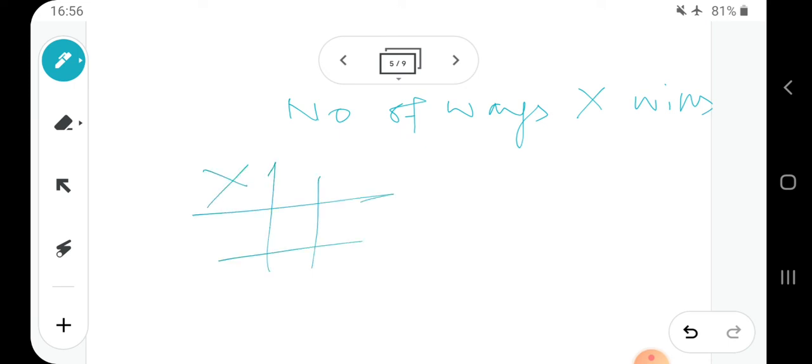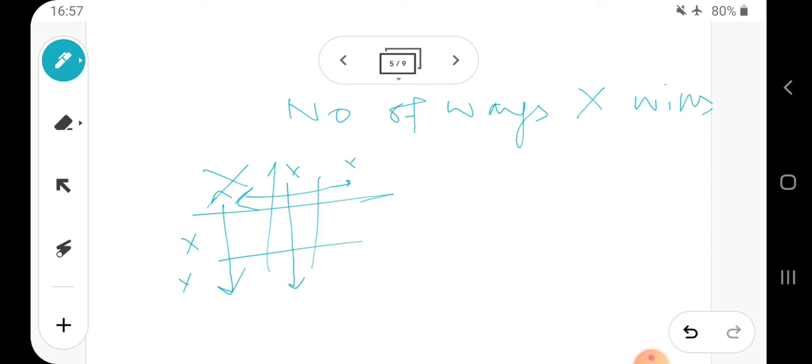So when this is the situation, let us see what are the ways by which X can win. So this is one. If in this direction all are open, if X can somehow manage these two X's, then in this direction he will be able to find a winning strategy. This is also an option. We'll be able to find a winning strategy.